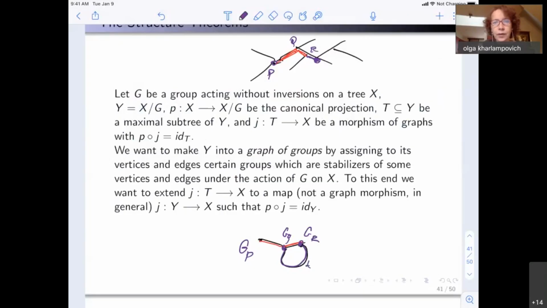If the group acts on a tree, we have this, and if the group is a fundamental group of some graph of groups, and we know what the vertex groups and edge groups are, and if it is a fundamental group of a graph of groups, then it acts on a tree. Okay, now corollaries.